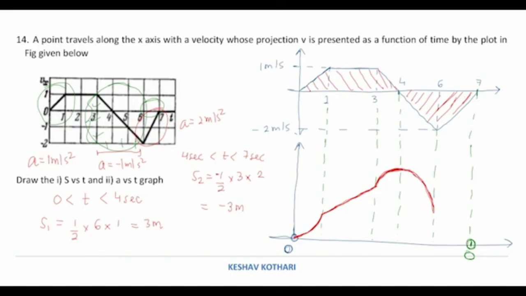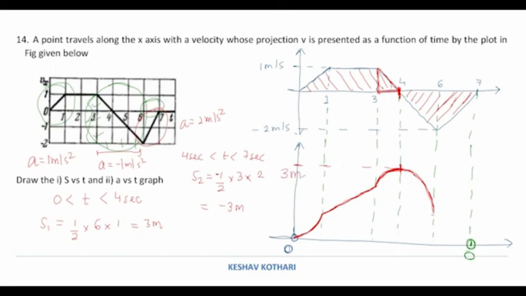In this part the displacement was still increasing while the particle was decreasing its speed. Once the speed becomes 0 over here, the particle changes its direction of motion and starts coming back. So the displacement starts decreasing from the t equal to 4 second mark, and this is the point where the displacement is maximum, that is 3 meter.